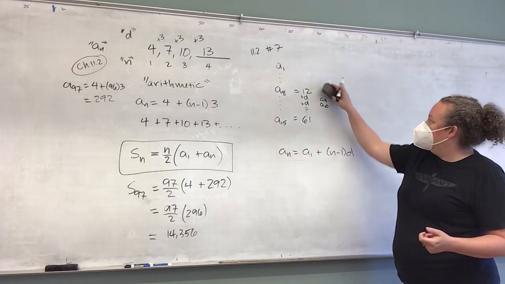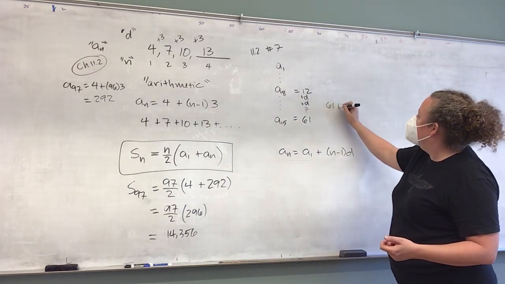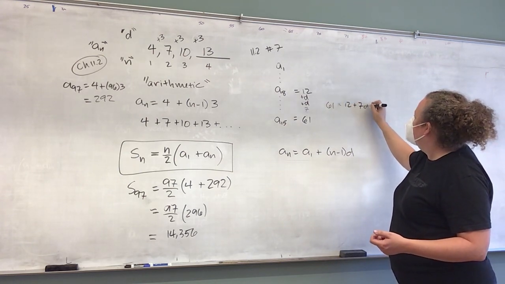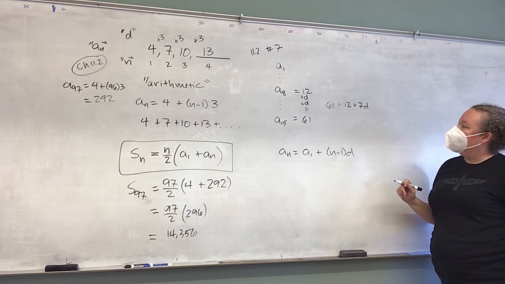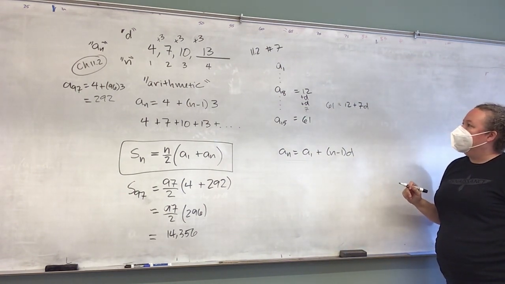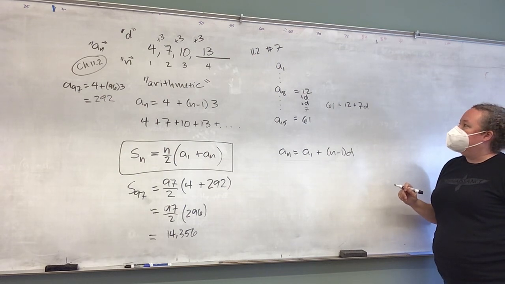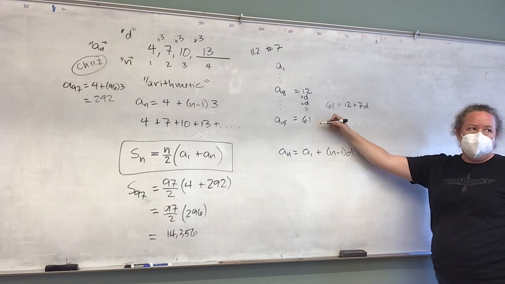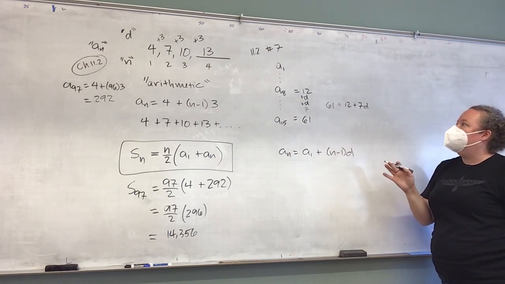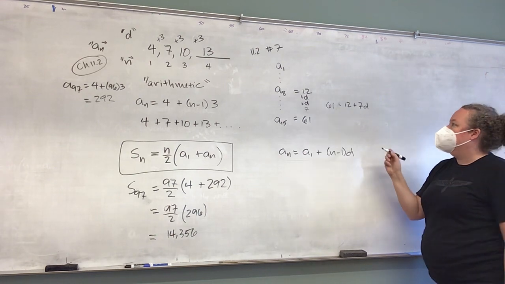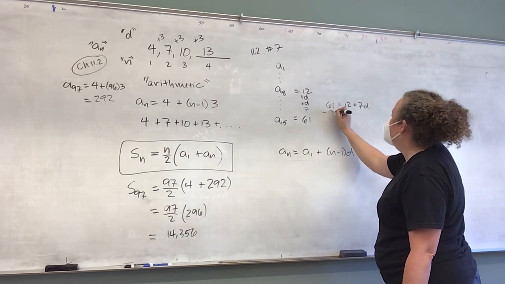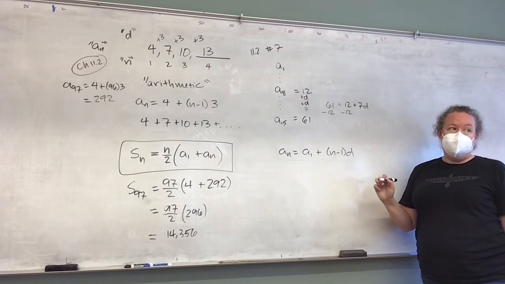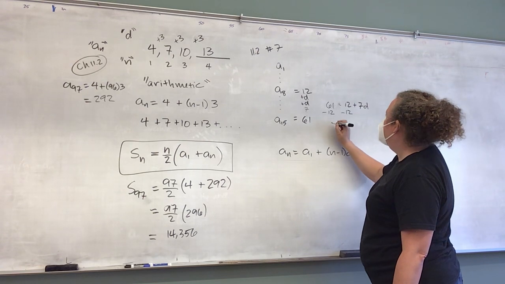So we know 61 equals 12 plus 7d. Because we start at 12, we add D 7 times, and we end at 61. So now we can use this to solve for D. So we subtract 12, 61 minus 12, 47?